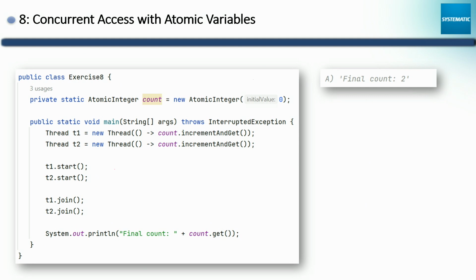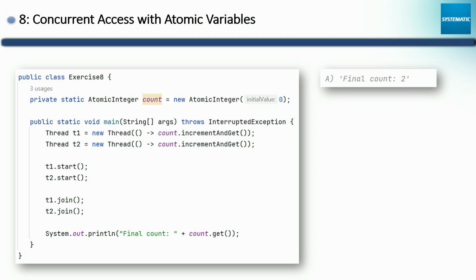And this is because atomic integer allows thread-safe operations, such as increment and get, the one that I have used in my example over here. And in this code snippet, those two threads concurrently increment the count. And then the main thread waits for both of them to complete before printing the final count.